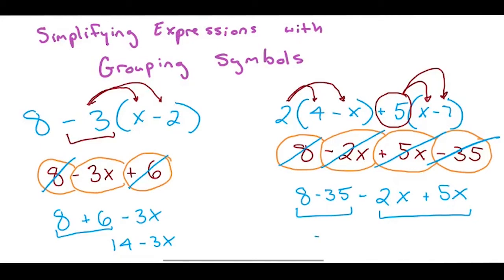That's going to give me -27. And then I have -2x plus 5x. Well, that's a +3x, so plus 3x. So my final answer for this one is -27 plus 3x. That could also be written as 3x minus 27.